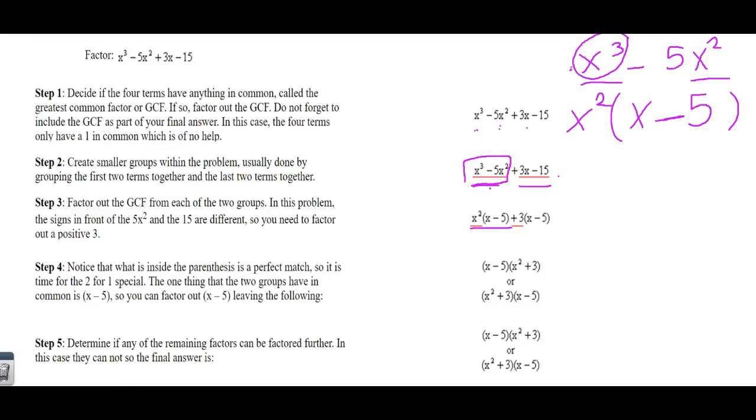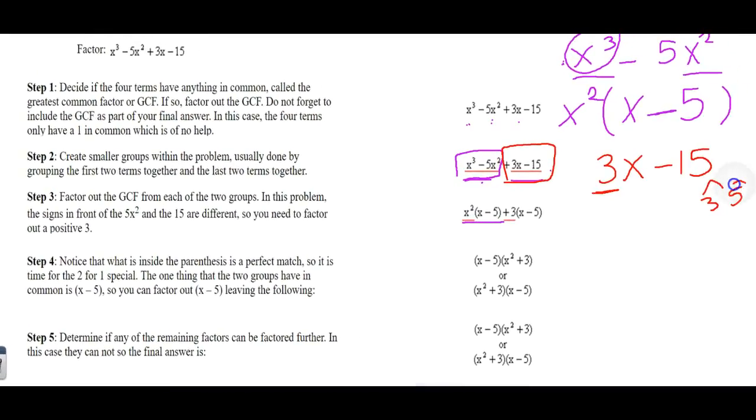Now, let's look at this second group. It is 3x minus 15. Now, that's an easy one. We have numbers, but 3 is a prime. No factoring is needed. 15 is 3 times 5.